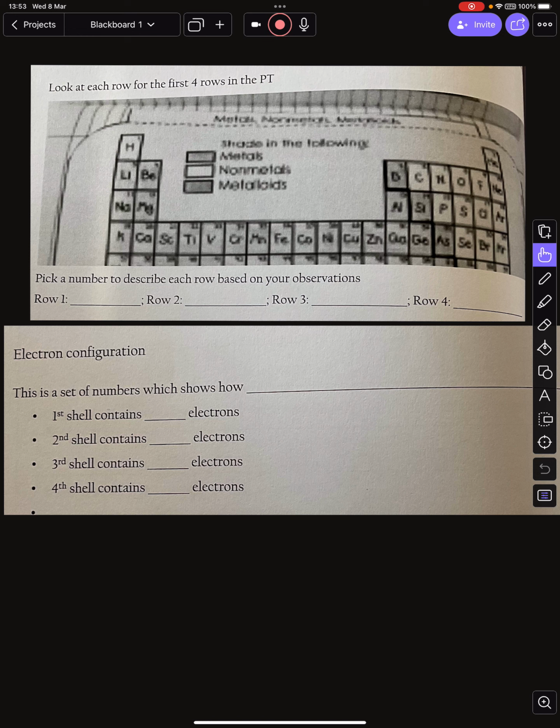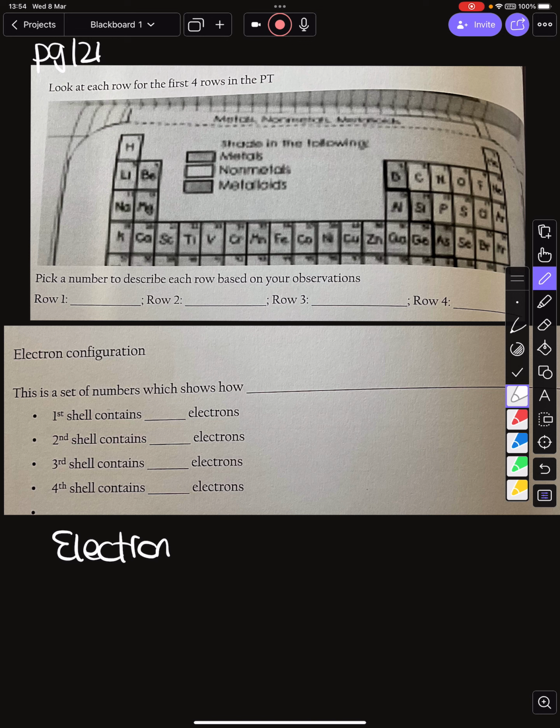So your homework is going to be to fill in page 120 and page 121. To do that though, we need to look at this on page 121. This is the periodic table, and what we are trying to do is write what is called the electron configuration. You can write this at the top of page 121, just under the box.